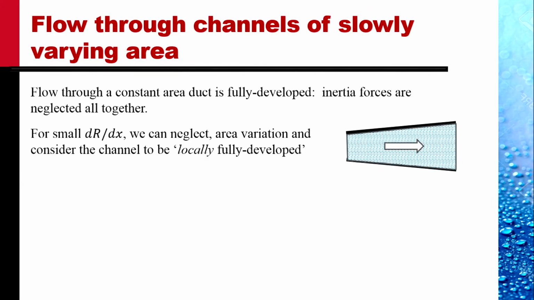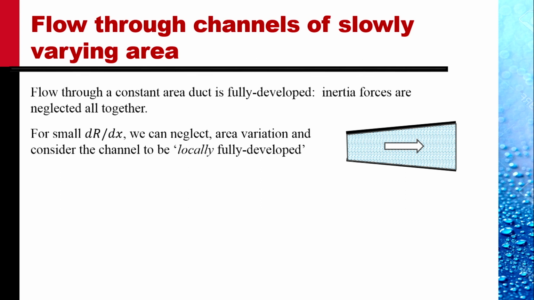One more example: flow through channels of slowly varying area. We have done, in a fluid mechanics course, the motion of a fluid in a straight pipe of constant diameter, the Hagen-Poiseuille law.